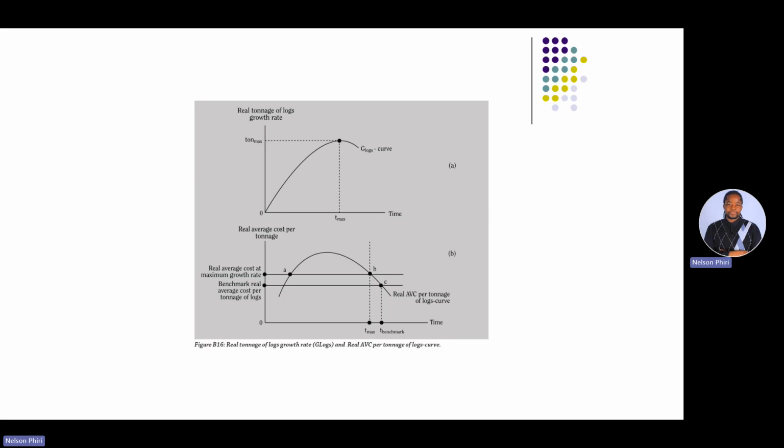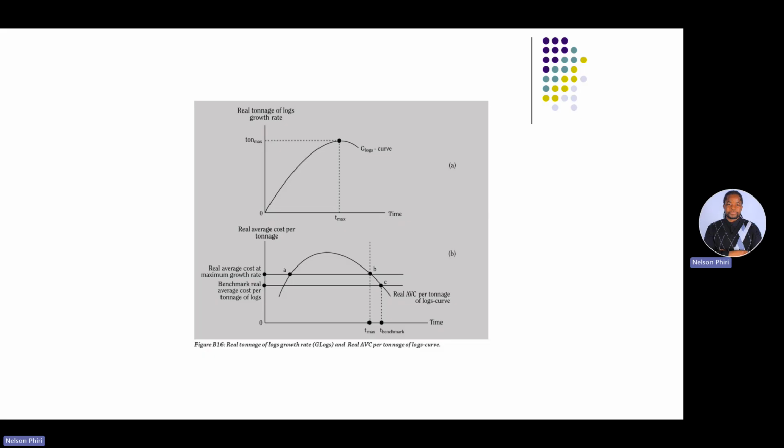As well, the real average cost per ton is low at point C compared to point B because of lower maintenance costs after the plantation has reached maturity. The firm will source logs externally up to a point where T benchmark. Then after T benchmark, it will start logging its own plantation.